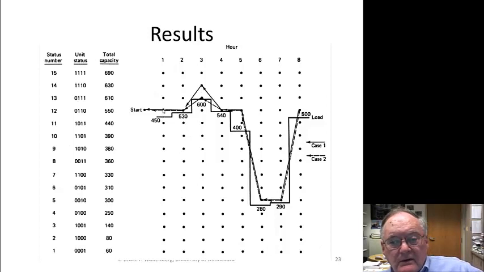So here we are. We're starting out here, and here's the load. I said I would draw the load. There's the load. I'm just tracing it right now with the red marker on the screen. It comes down and then it goes back up. And case 1, priority order, that's the solid line.